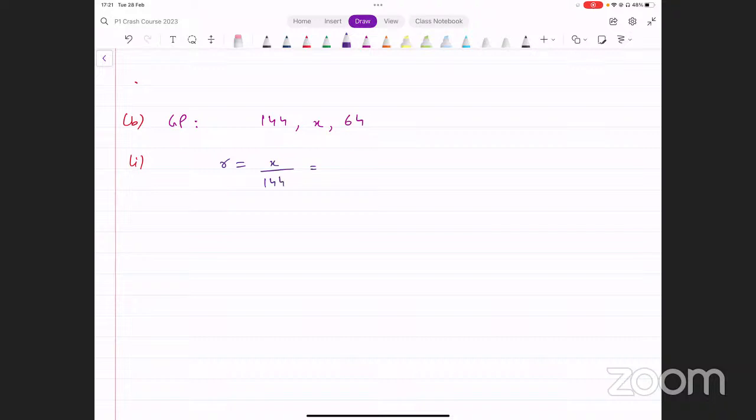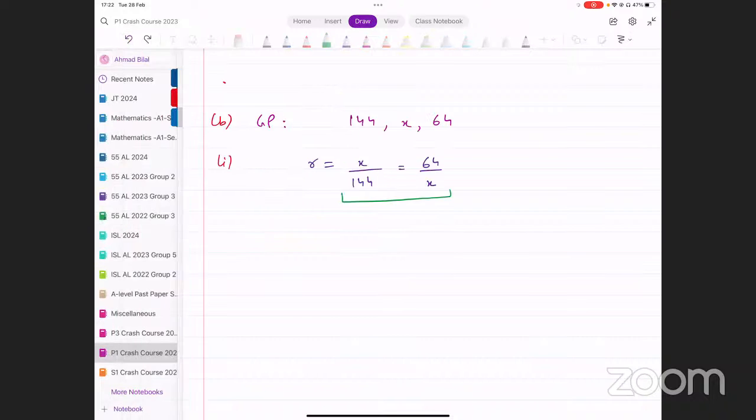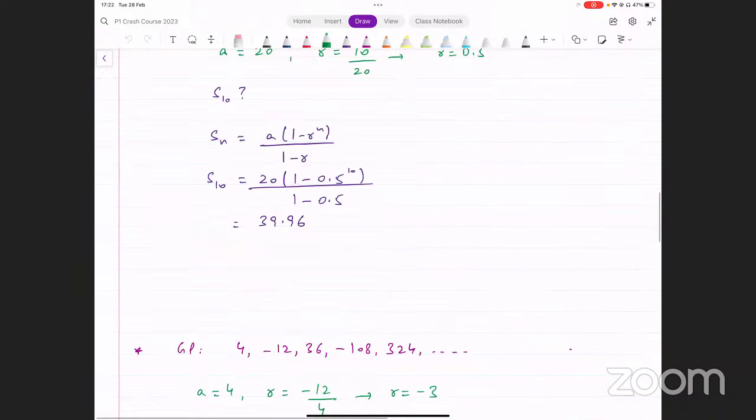We could also find the ratio by dividing the third term by the second term. That would be 64 over x. These two should be equal because both of these are giving you the ratio. We get one equation: x over 144 equals 64 over x. So second divided by first should be equal to third divided by second. We've discussed this before when we started geometric progression.